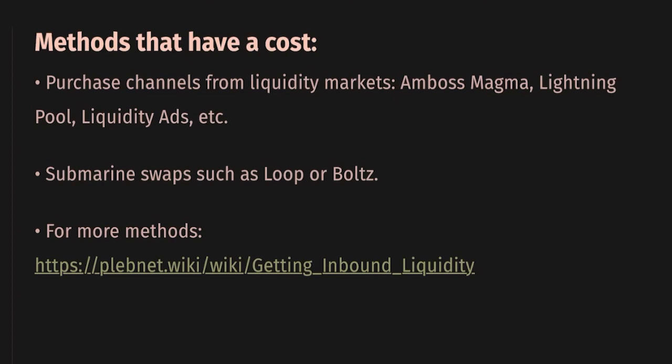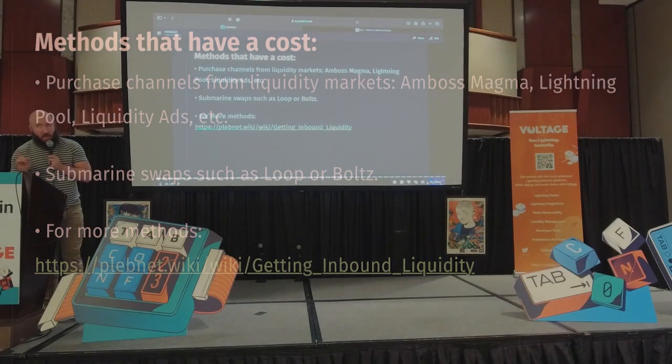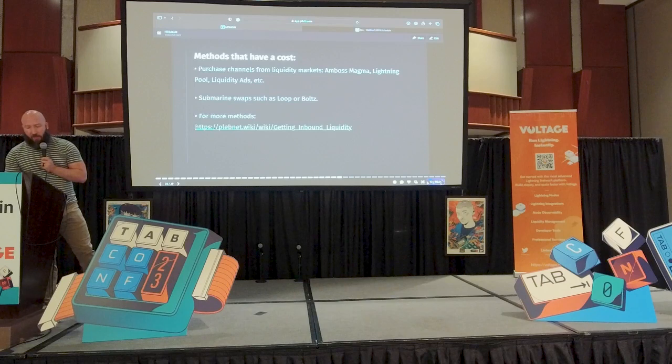You can also use submarine swap services such as Loop or Bolt, and this is a way of getting inbound where you send a service provider a Lightning payment, which reduces your outbound and gives you inbound. They take a small cut of that and then send the rest back to you on chain. So that's another way. But there are many, many more ways than I can cover in this.